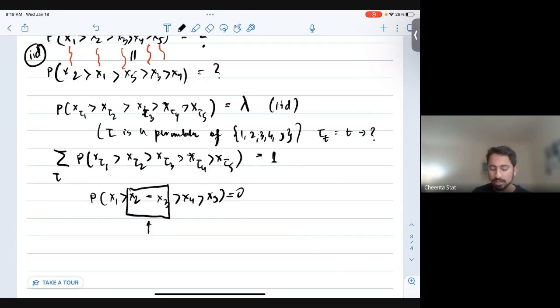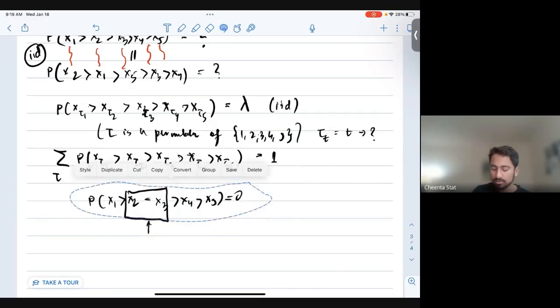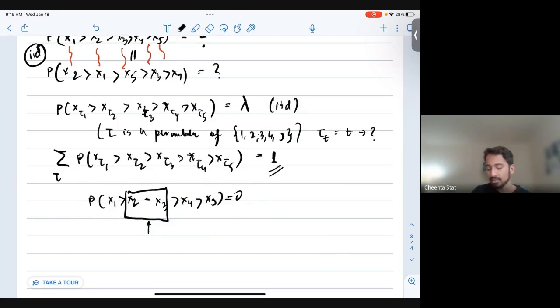So all the other aspects of the sample space, these are all 0. It's saying that this is the only possibility, because in every single case there will be one maximum. There's an order of the numbers. The probability of two numbers being equal is 0.